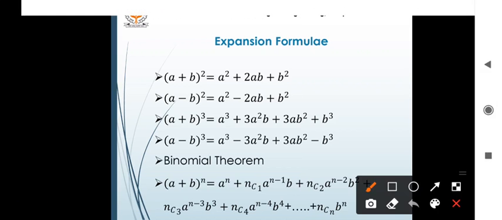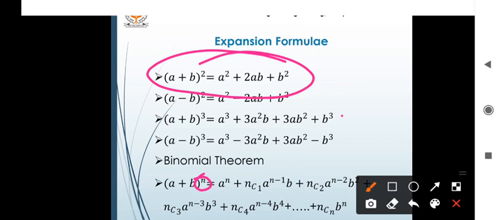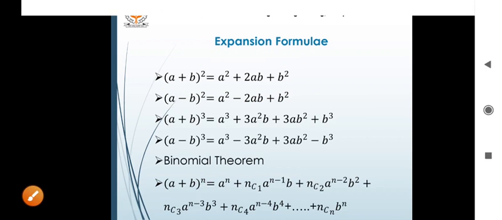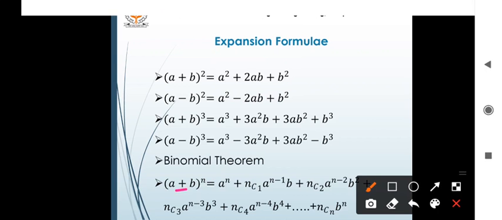You may observe that if we put n equal to 2 in this theorem, you will get this result, and if you put n equal to 3, you will get this result, and if there is a minus sign in between, then you will get alternately positive and negative terms in the expansion.